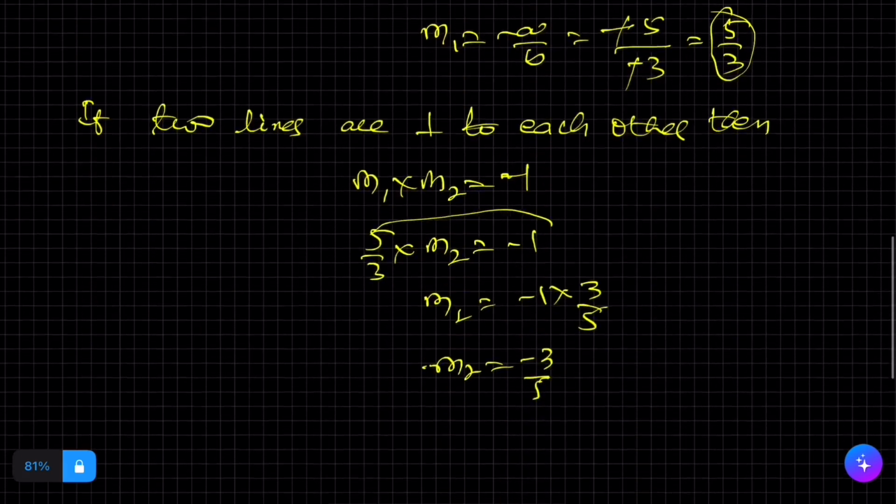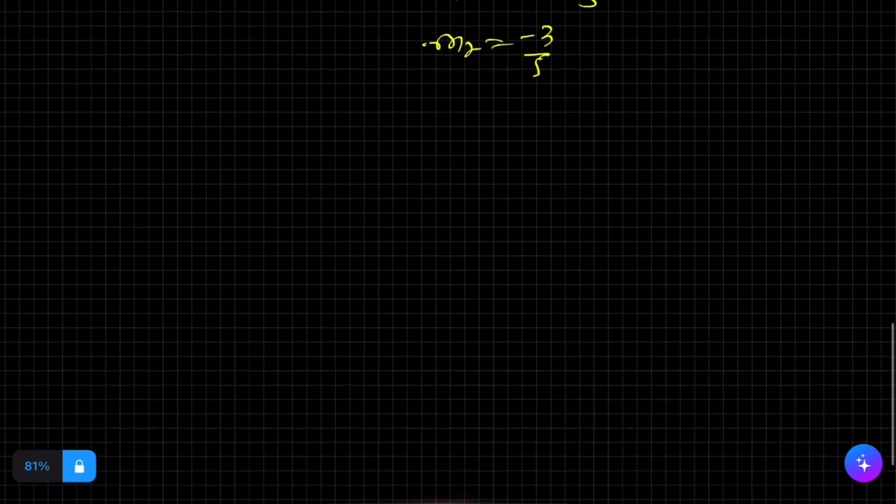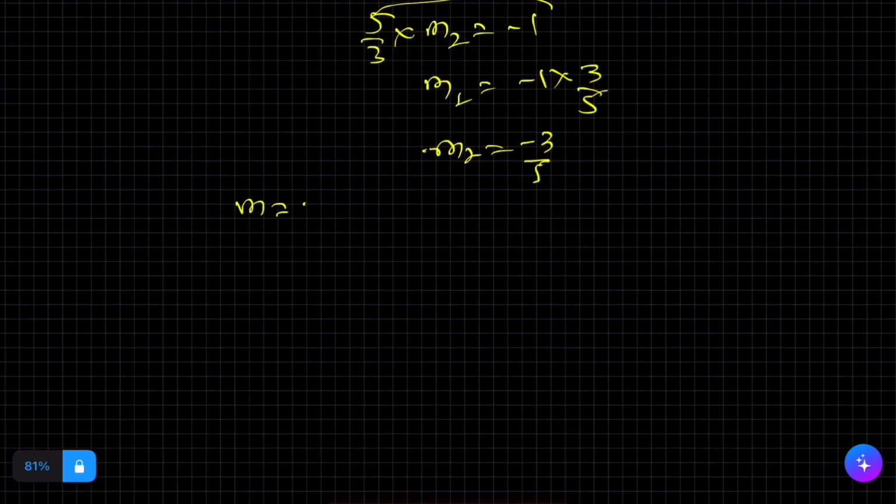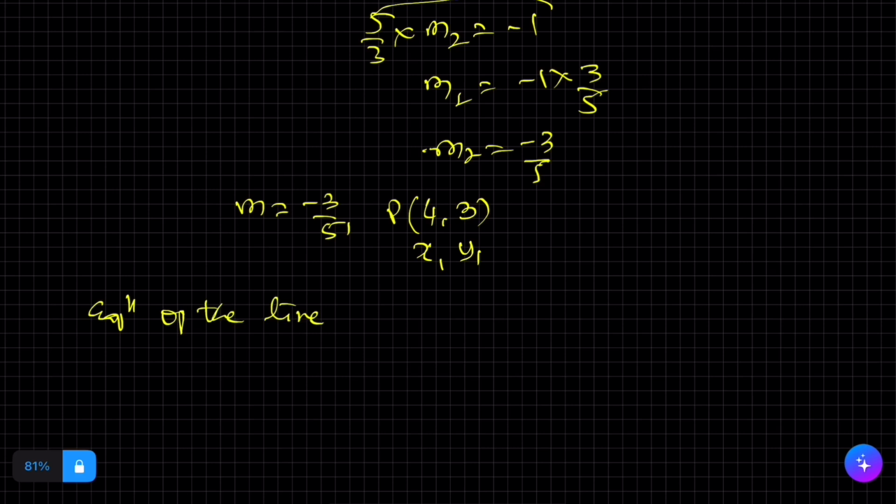So here we know the slope equal to -3 by 5, and the point is 4 comma -3. Let me take the point as x1 y1. So whenever the point and slope are given, we can find the equation of the line by using the formula y minus y1 equal to m into x minus x1.